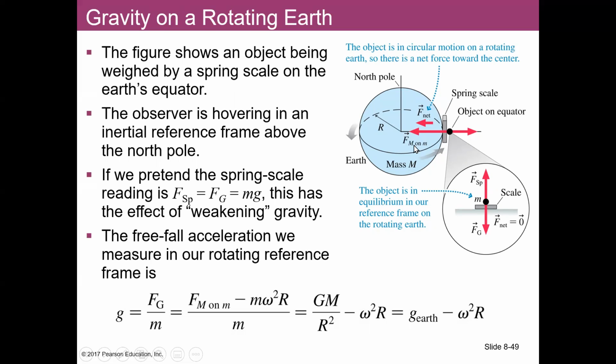What we'll observe is that the gravitational force on the equator, the force of big M, the mass of the planet, on the little object of mass m, is the mass times actually more like 9.83 meters per second squared.